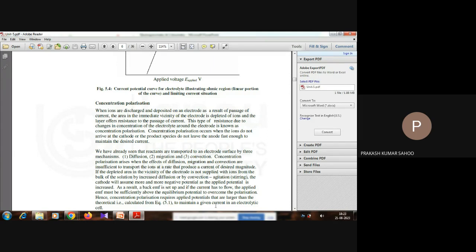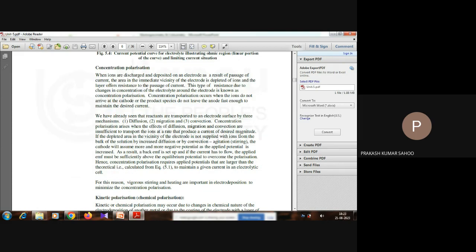So the concentration in the vicinity of the membrane may increase or decrease due to the over voltage or the applied voltage when it exceeds the limiting value, and this will result in concentration polarization. That means concentration varies with applied voltage.